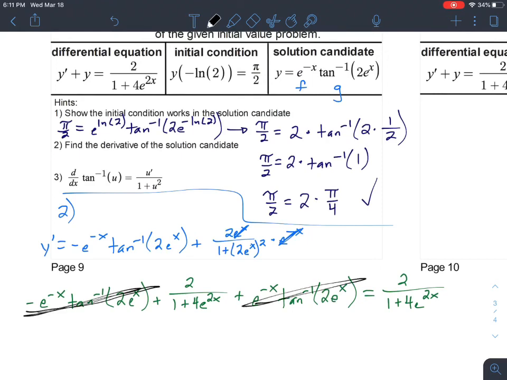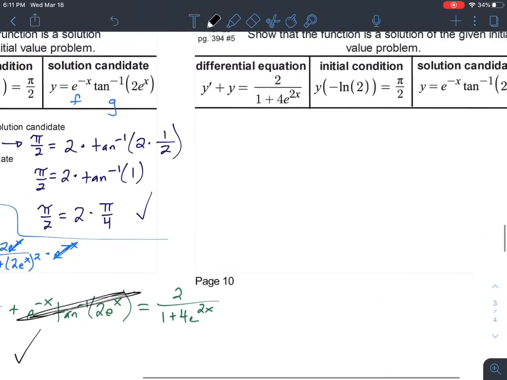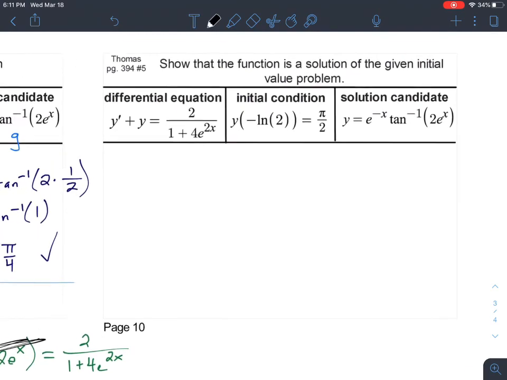And now we can simplify. I see that this first term is going to cancel with the third term on the left side. And we are left with the exact same thing on both sides. And therefore, that confirms that this worked, this initial value and this equation work for the differential equation.